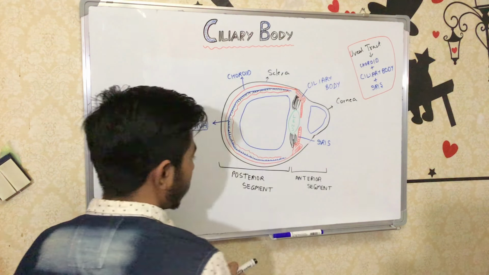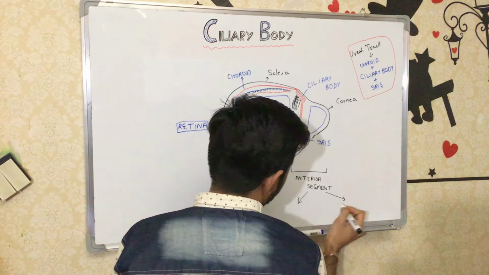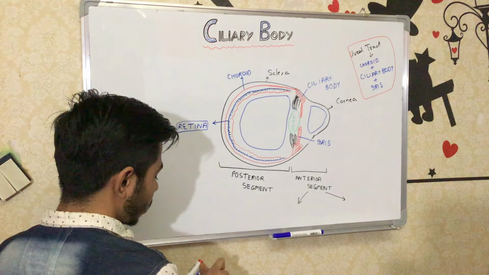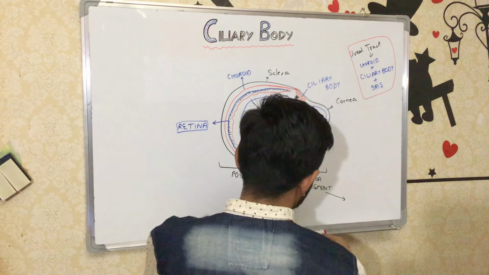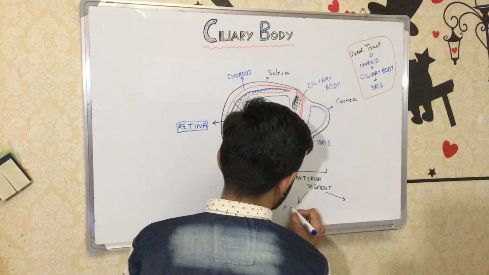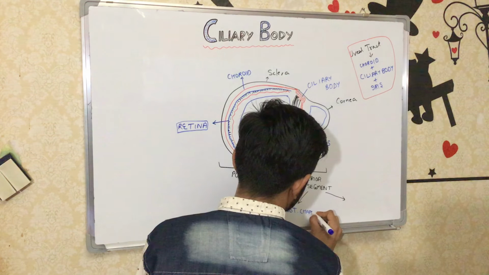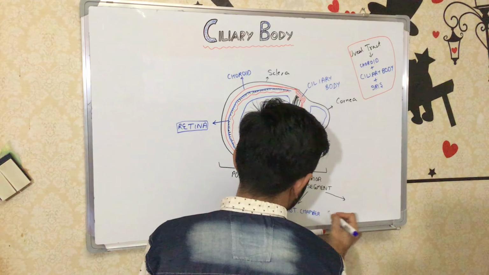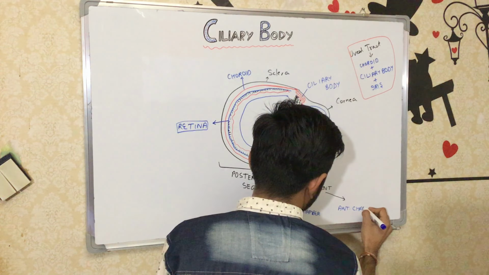So the anterior segment has two parts: the posterior chamber and the anterior chamber.